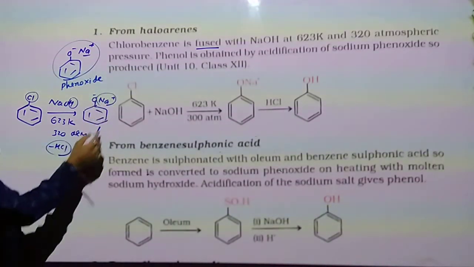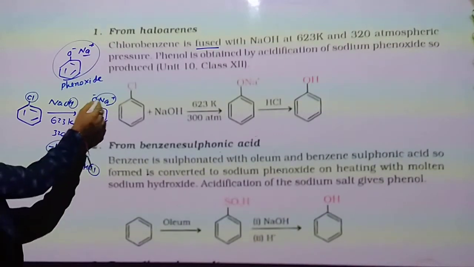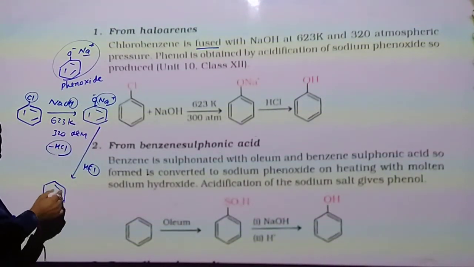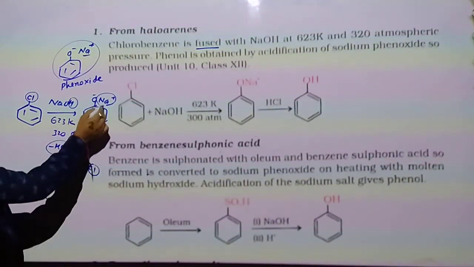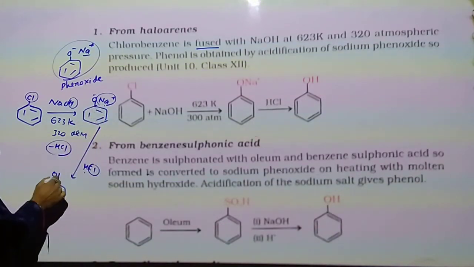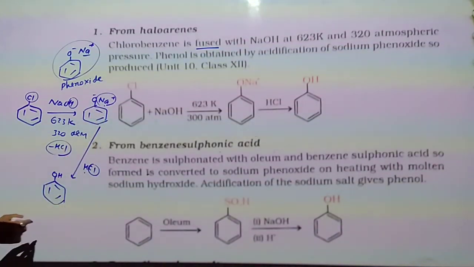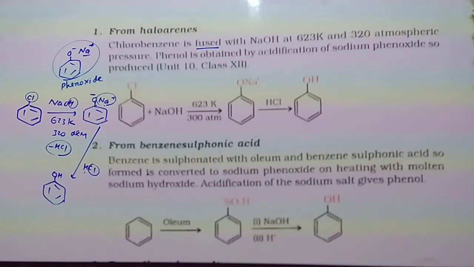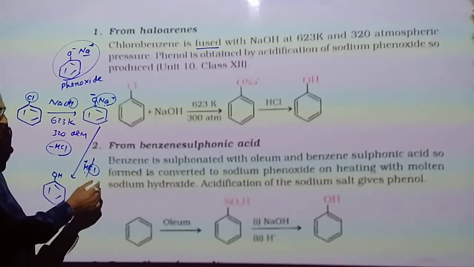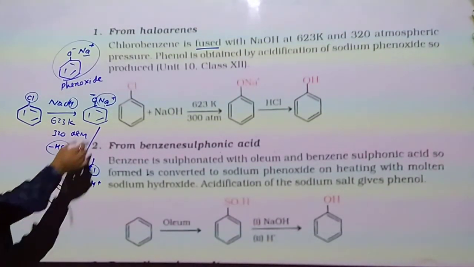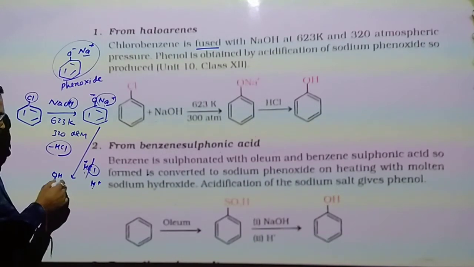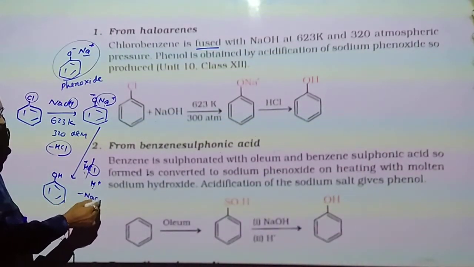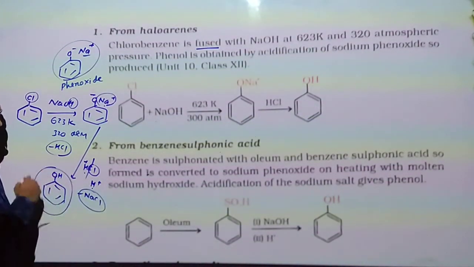The attraction of oxygen toward sodium is less than toward hydrogen. In acidic medium there is H plus ion, so Na plus is replaced by H plus and removal of NaCl gives phenol.